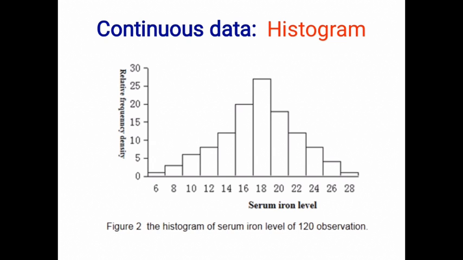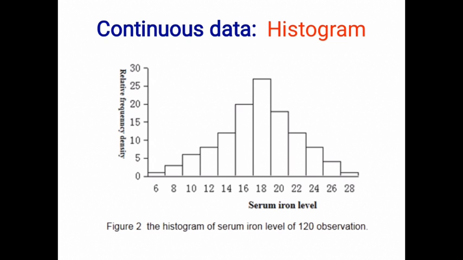Now we take the relative frequency density as the vertical axis to construct the frequency graph for numerical continuous data. So the height of each rectangle is the relative frequency density of each interval.